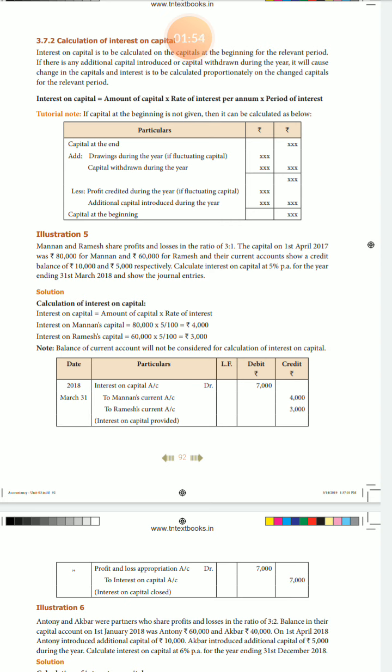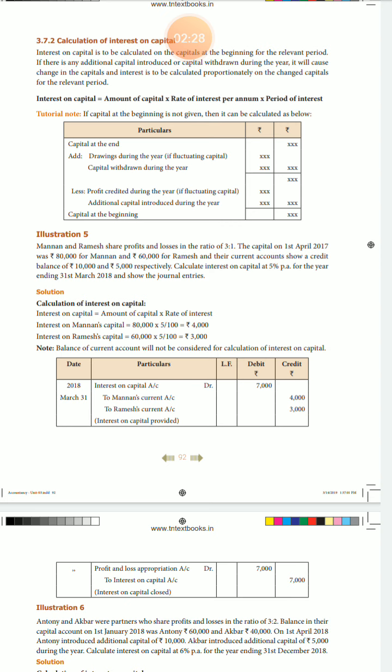The rate of interest is 5%. 80,000 into 5 by 100. Cancel the zeros, the balance is 800. 800 into 5 is 4,000 rupees. Next, interest on Ramesh's capital equals 60,000 into 5 by 100, equals 3,000.